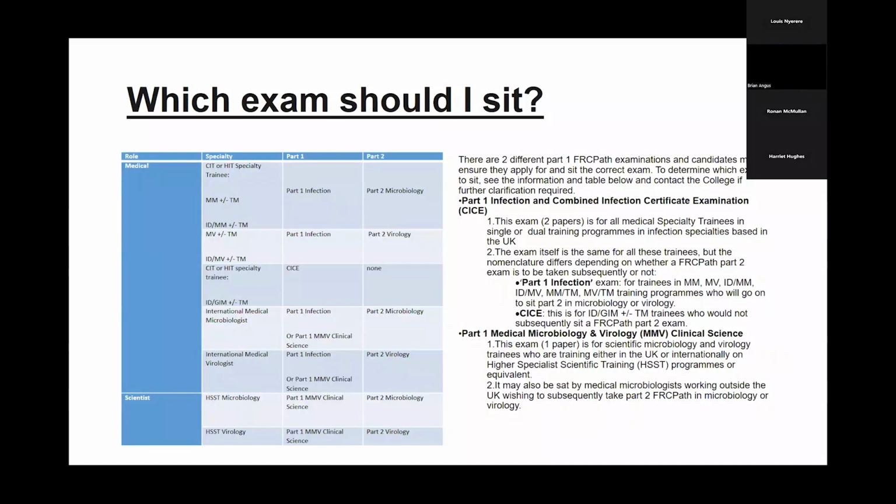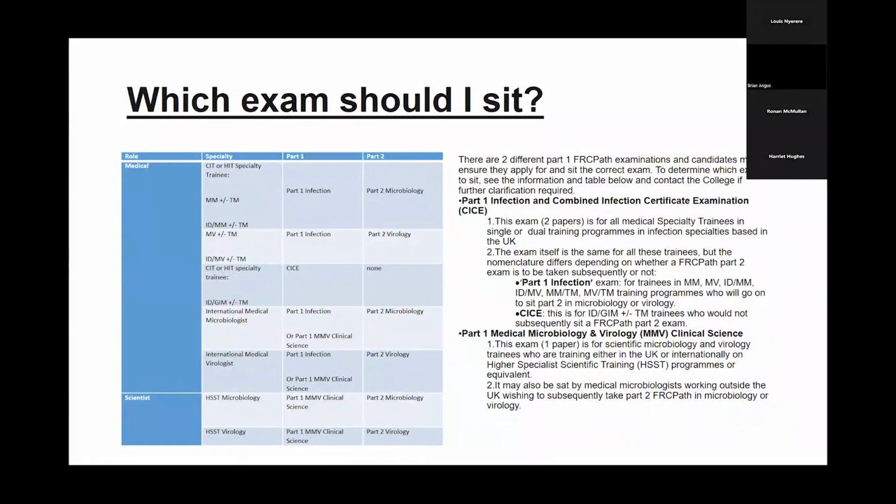So the Part 1 infection exam is for medical microbiology, virology, ID, training programmes. As I say, it stands alone and is titled CICE if it's only for the ID trainees. So the nomenclature is admittedly a little bit confusing.